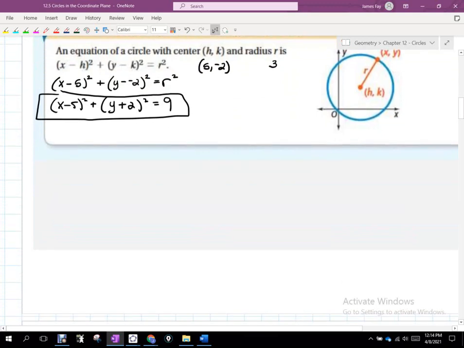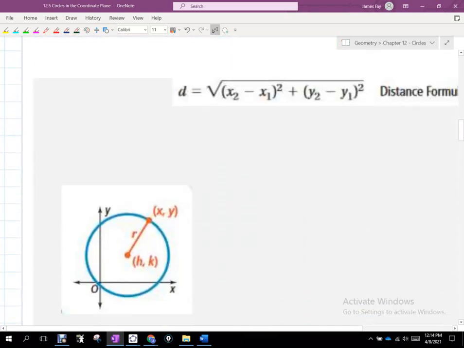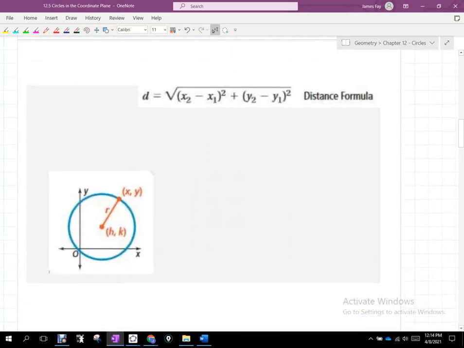What we can do then, and this is just explaining, this is when I didn't have GeoGebra to explain that stuff, but we're seeing the distance formula. The length of that right there can be found using this.